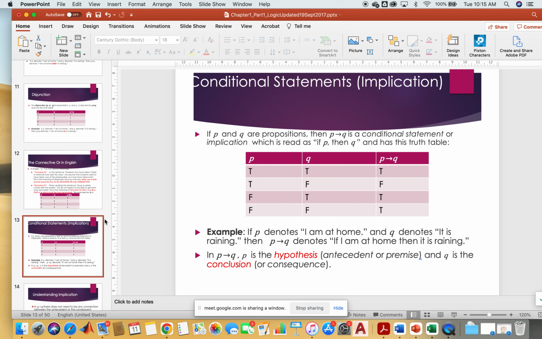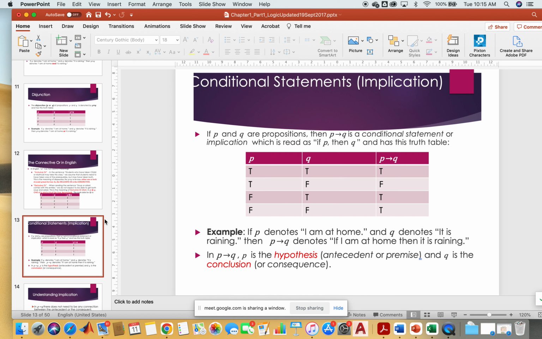For the conjunction just now, I gave you an example. We have two variables, right? P and Q. Good? Okay, so by using this equation again, we plug in the 2 to the power of n. For the conditional case, n is 2, so 2 to the power of 2, we have 4. So we get 4 rows.